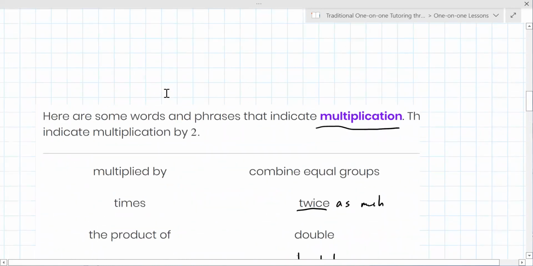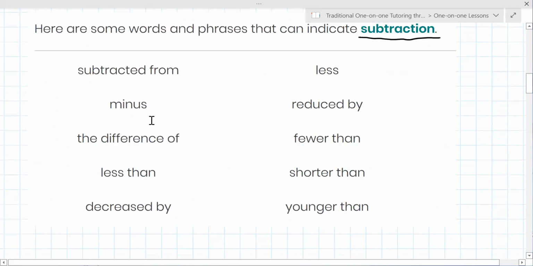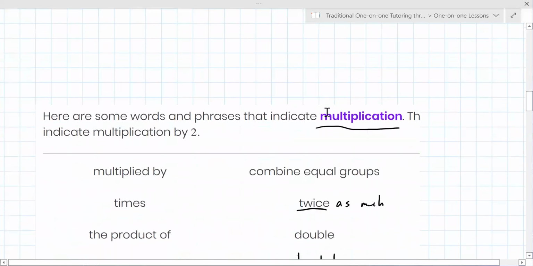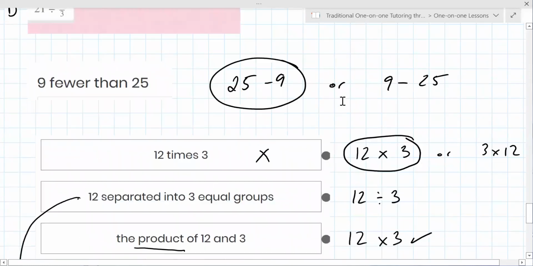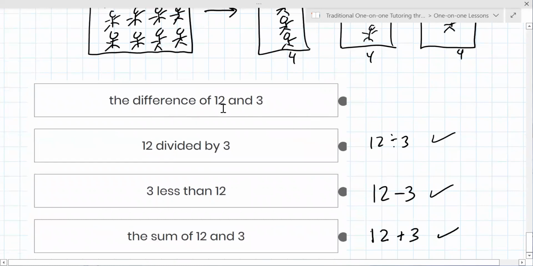Yeah, so we haven't seen this word yet. So difference of is right here. So it's subtraction. So is it 12 minus 3 or is it 3 minus 12? 12 minus 3. Yes, that's correct. 12 minus 3. Very good.